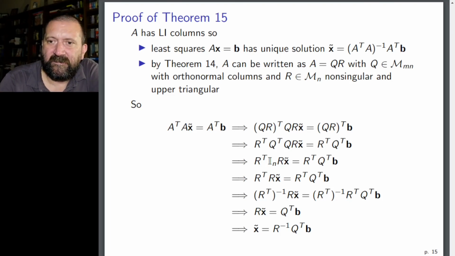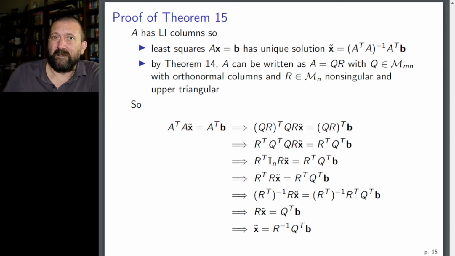So the identity we pull out here is of size n. Multiply anything by identity, you still have anything. So identity disappears here, and we get R transpose times R here, and here this hasn't changed. It's still R transpose times Q transpose.